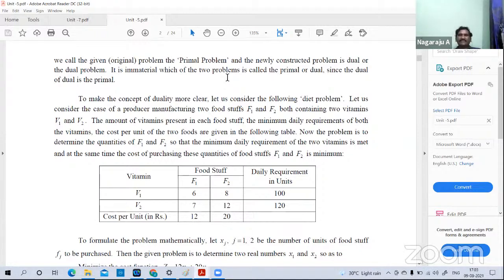The daily requirement for V1 is 100. Next, vitamin 2 is also required daily. F1 is 7 and F2 is 12, and the daily requirement is 120. The cost per unit is 12 and 80.